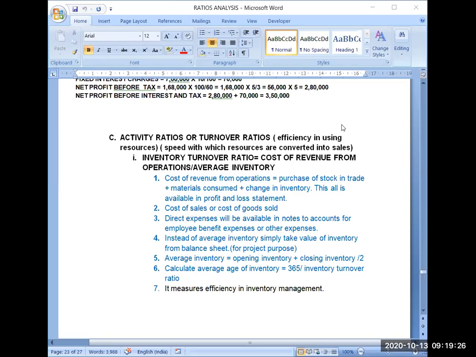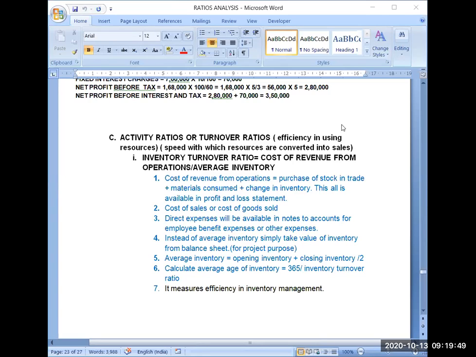So the first activity ratio is inventory turnover ratio. First, you should be clear about the meaning of inventory. Inventory is the quantity of raw materials, work in progress, finished goods or stock in trade available at a particular point of time in the organization.